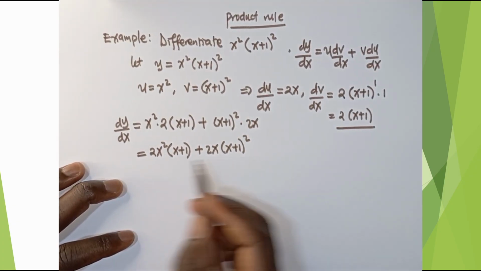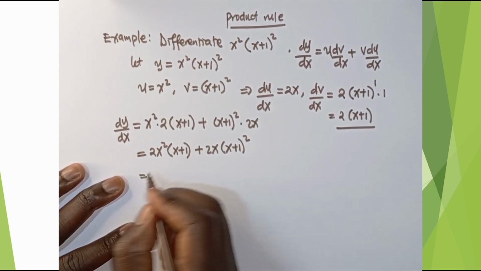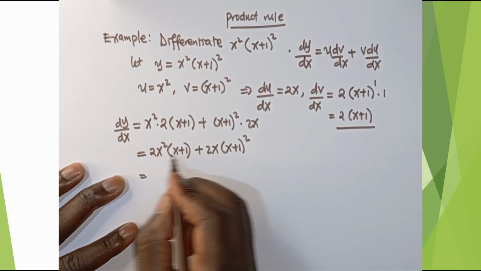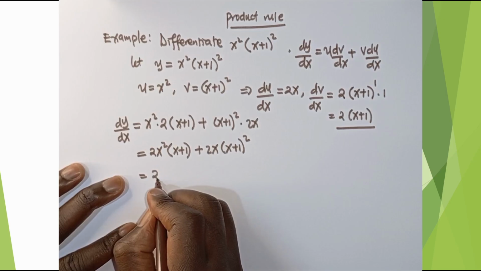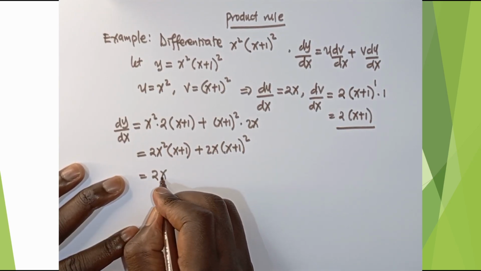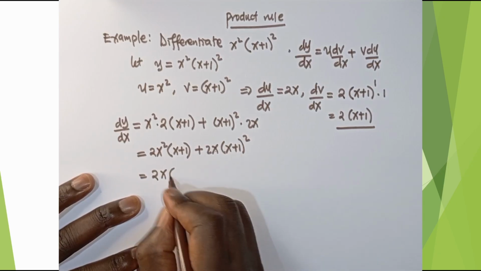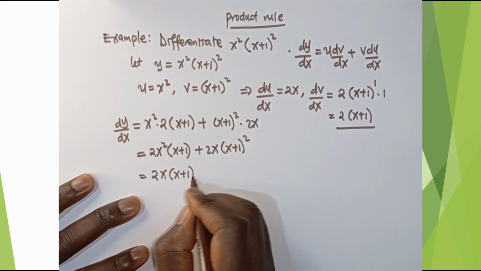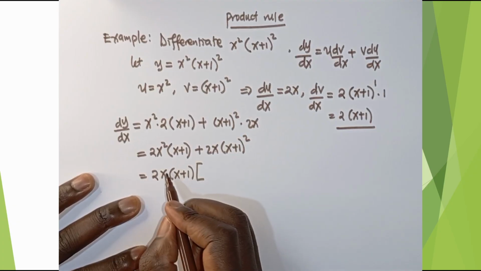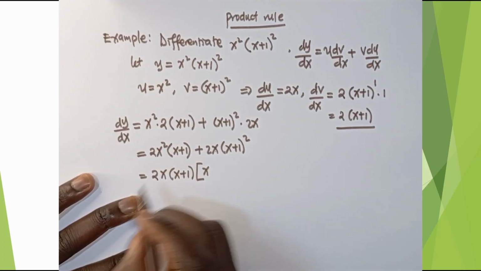Now we simplify. Now when we simplify, if you really see that we have a common factor, the first common factor is 2, so we pull it out. The next common factor is x. The other one is x plus 1, is also common. So what are we remaining with in the bracket? We are remaining with only x here.